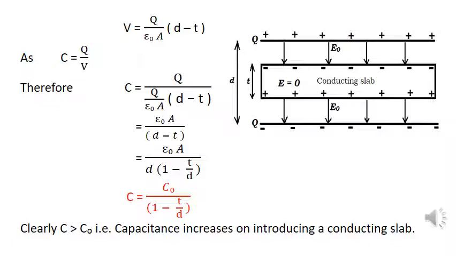Here we can see that C is greater than C naught. Therefore, by inserting a conducting slab in between the two plates of the capacitor, the capacity of the capacitor will increase.